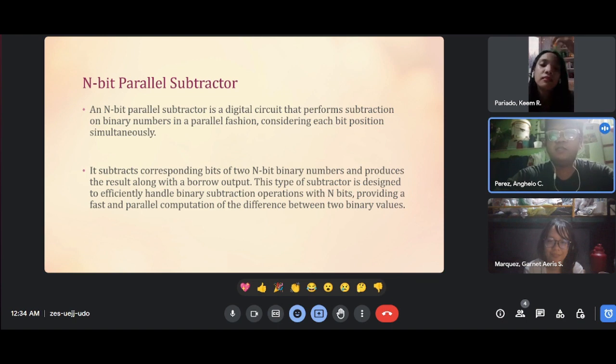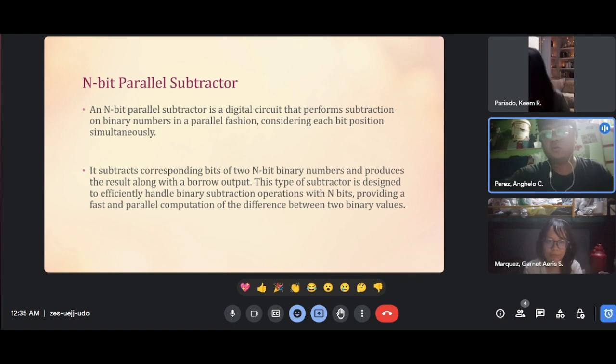So the n-bit parallel subtractor is good at doing things quickly, especially when the binary numbers have n digits. When we say n-bit, in simple words, it refers to the number of bits we are collecting, which are the smallest units of digital information in binary code.